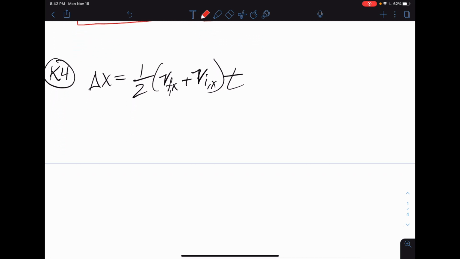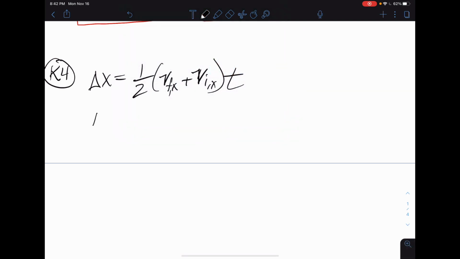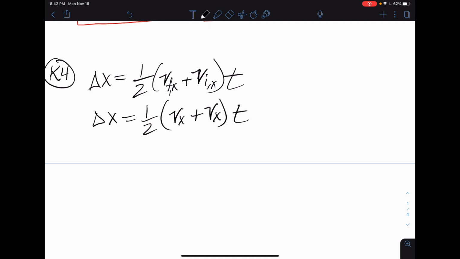K4 says delta x equals 1/2 times VFX plus VIX, times t. Okay, so what this is really saying, right? If VFX and VIX are the same, let's just call them VX since they're the same. So we're saying 1/2 times VX plus VX, times t, because they're the same. So I can then rewrite that as delta x equals 1/2 times 2 VX, because what's 1 VX plus 1 VX?